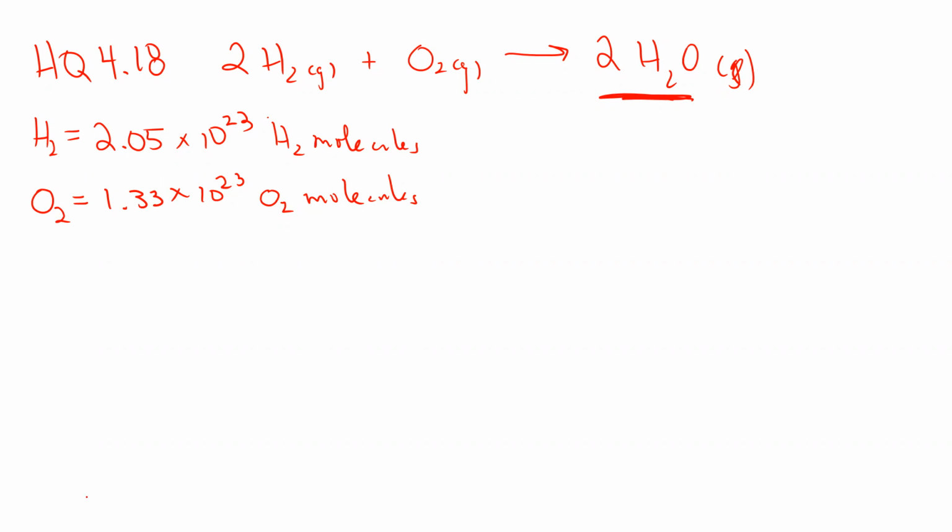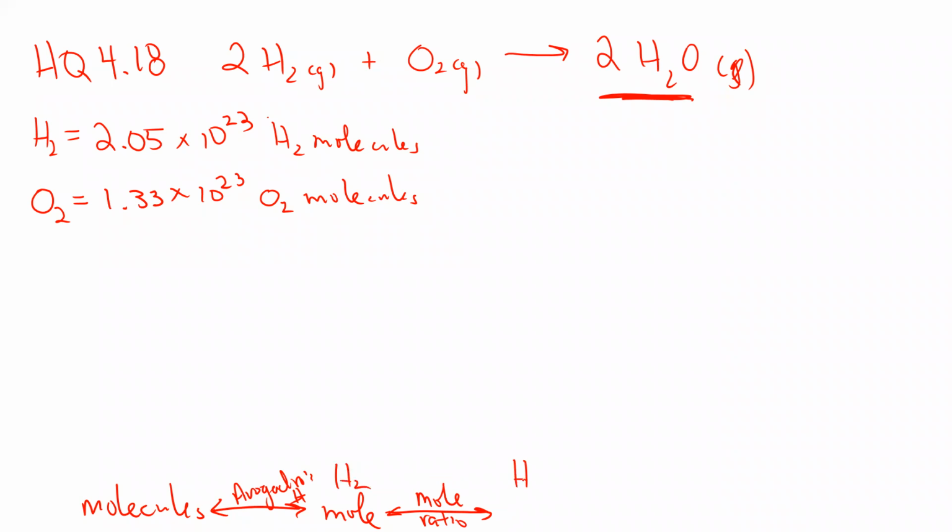So, right, to kind of map it out, they've given us molecules. The only thing I can do with molecules is find moles. And to do that, we're going to use Avogadro's number. Once I'm in moles, then that's familiar territory because we're going to use the mole ratio to go from moles of hydrogen, for example, into moles of water so that we can compare those two.